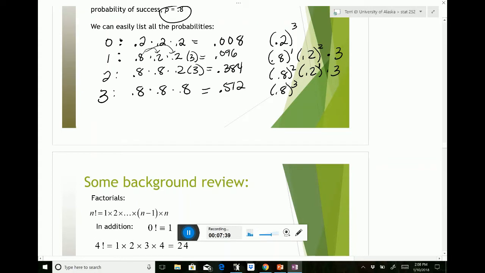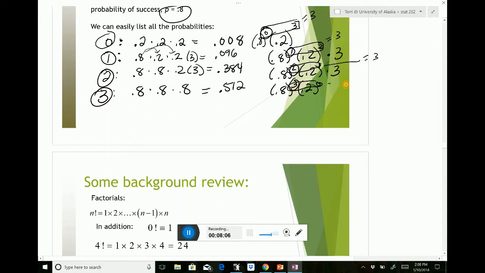I could also say we have 0.8 to the 0 here and 0.2 to the 0 here. So you notice there's a correlation between these in the binomial distribution. And these two exponents always add up to 3. That is interesting.